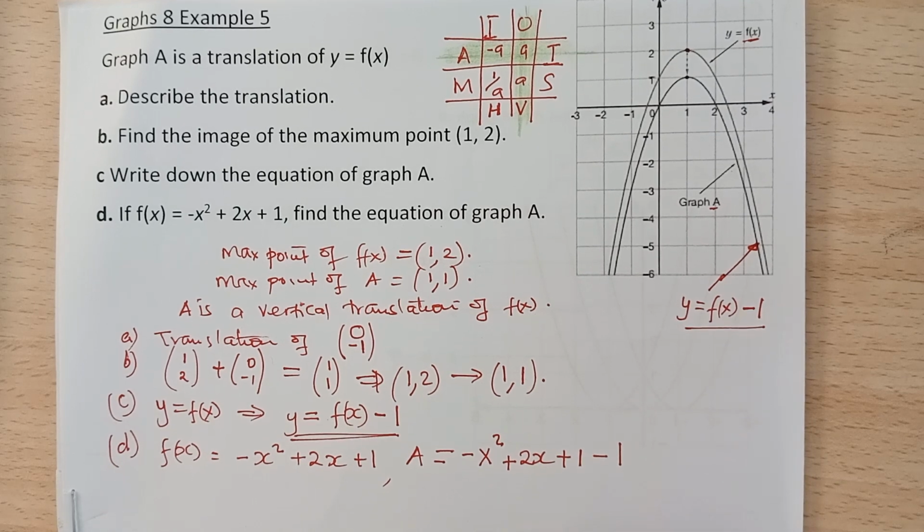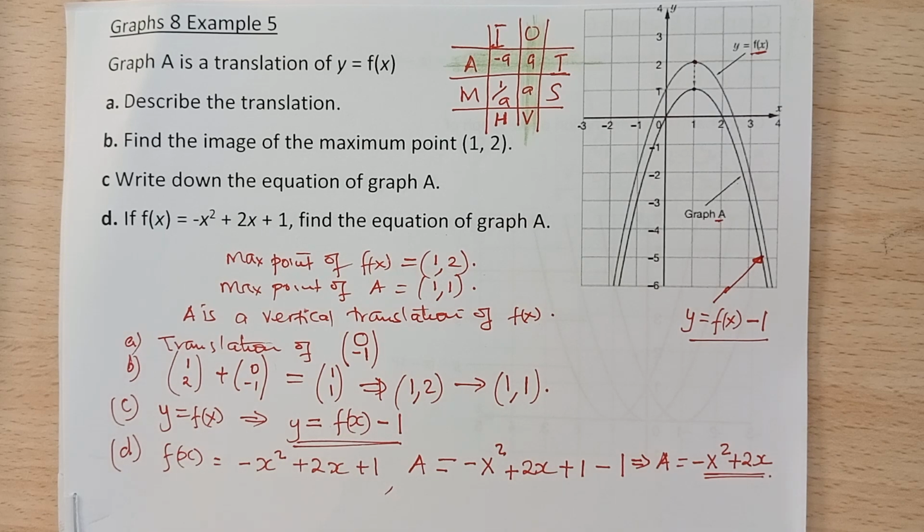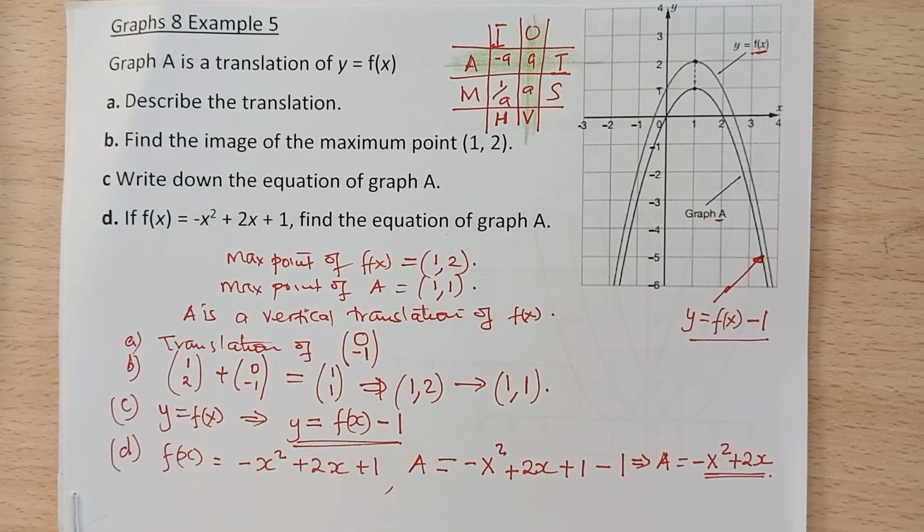We collect the like terms, such that plus 1 minus 1 is equal to 0. So A equals negative x squared plus 2x, and that is the equation of the new function after transformation.